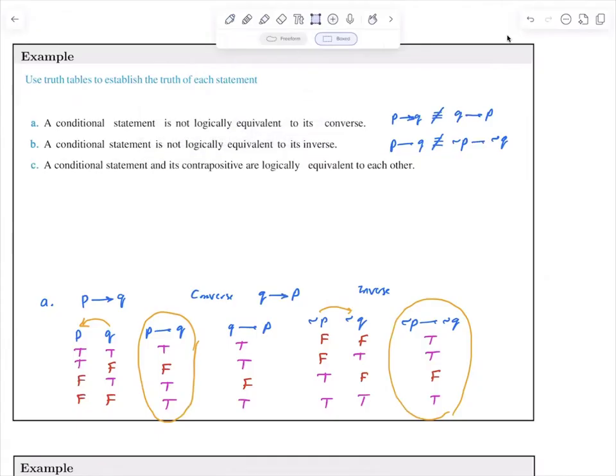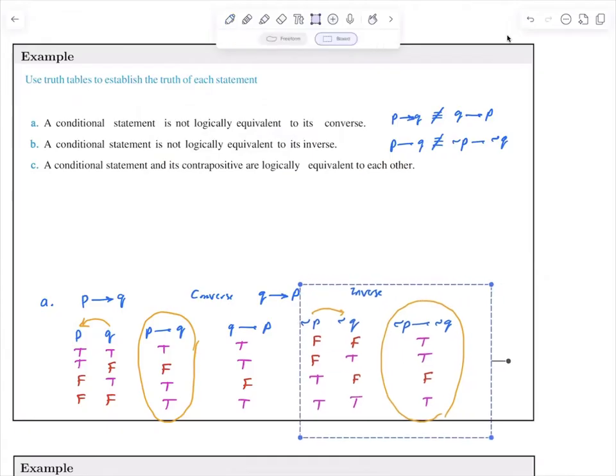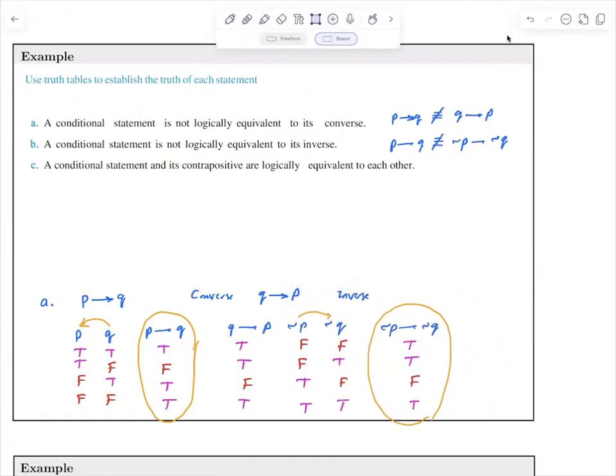So let us take a look at not Q, then not P. Let me move this a little bit here. So we can build not Q, then not P. Take a look from not Q to not P. We're changing the order, right? True, false, then false is true.